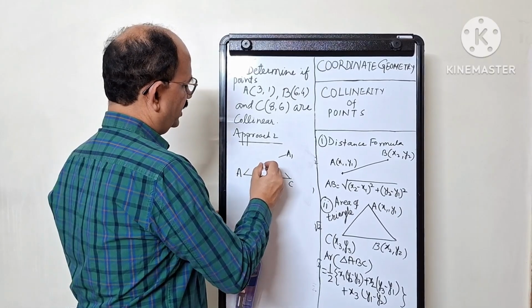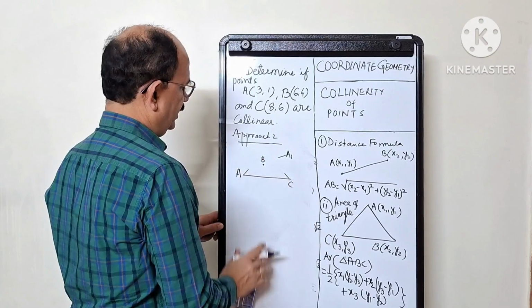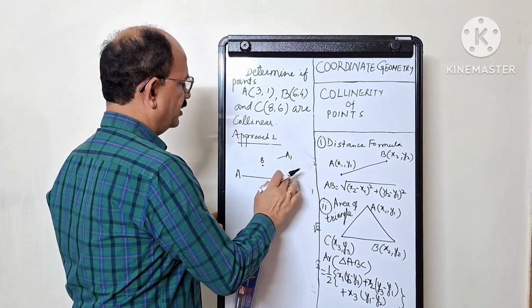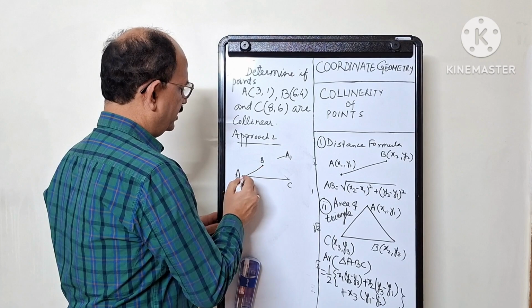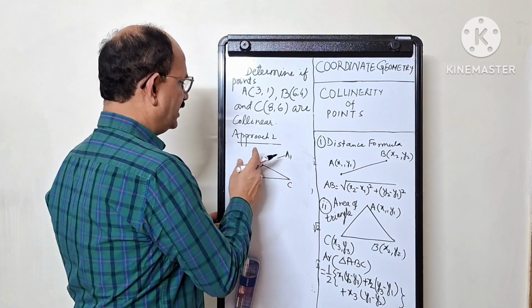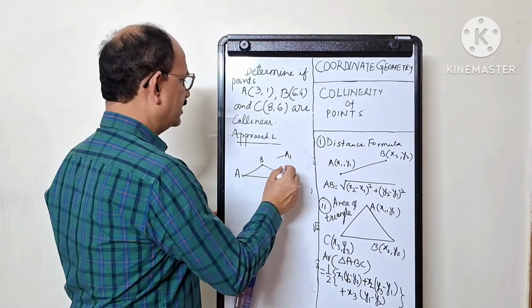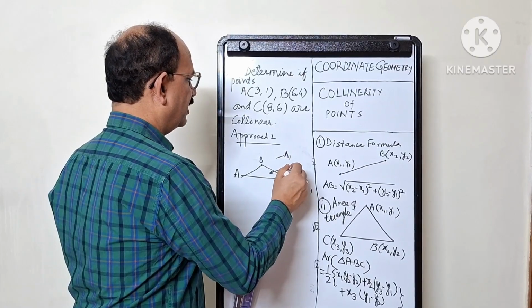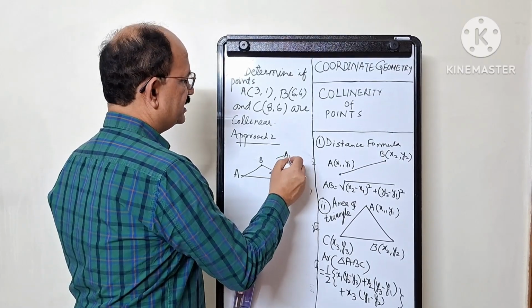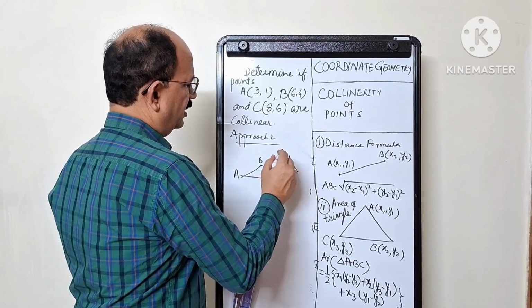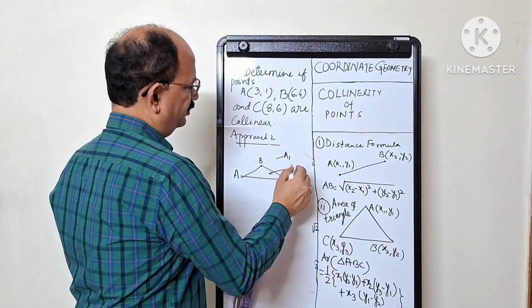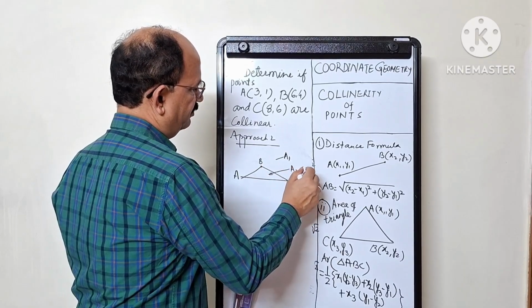Suppose we have brought it here. If we draw the triangle again, naturally, just by the view you can see that the area is reduced, meaning A1 is certainly greater than A2, right? A2 is lesser than A1, okay?